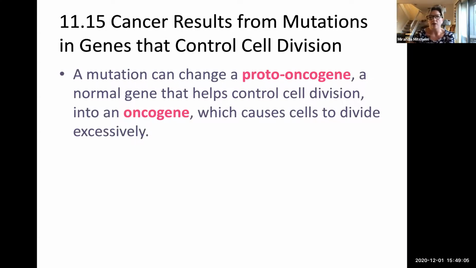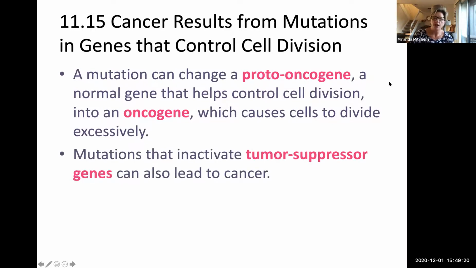We now know that there are several virus families that are capable of converting the proto-oncogene into the oncogene, including hepatitis C, but there's quite a few of them.